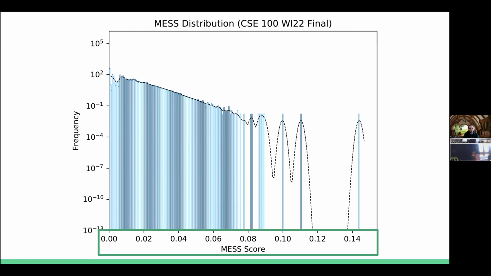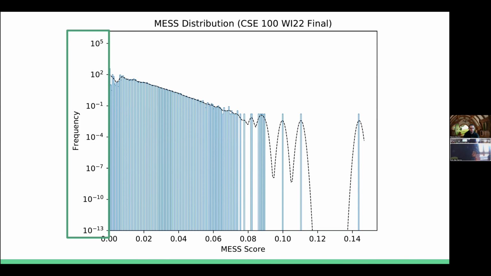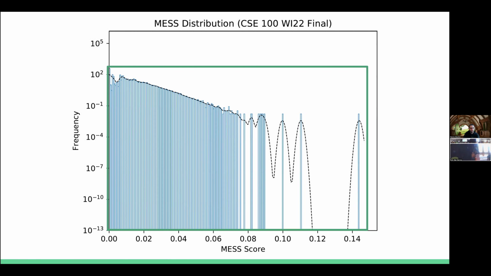I'm sure people here have used MOSS. The vertical axis is the frequency, the number of pairs that have that specific similarity score. So it's just a histogram, and here is the actual distribution. So how can I detect suspicious exam collaboration from this distribution?